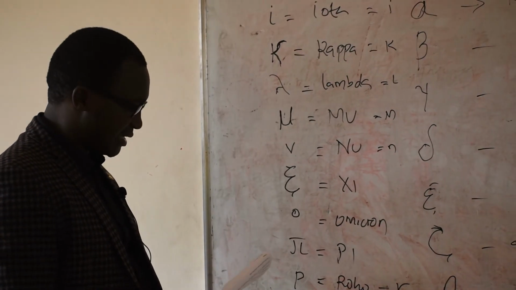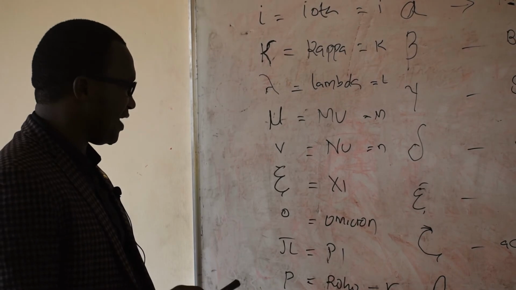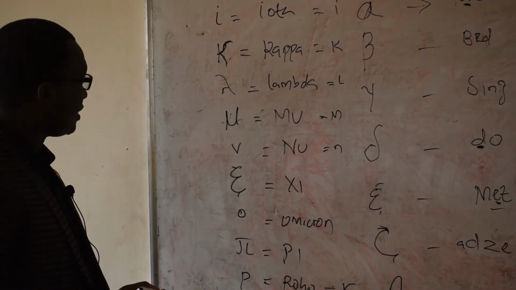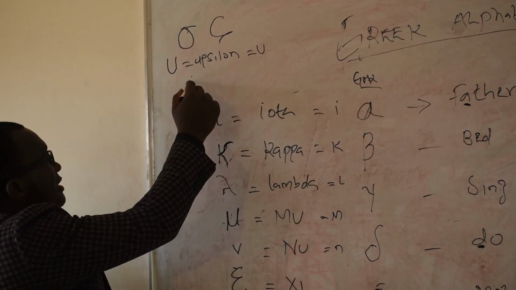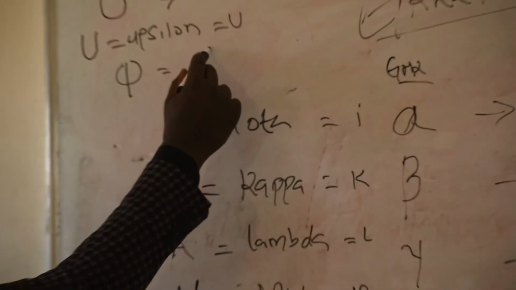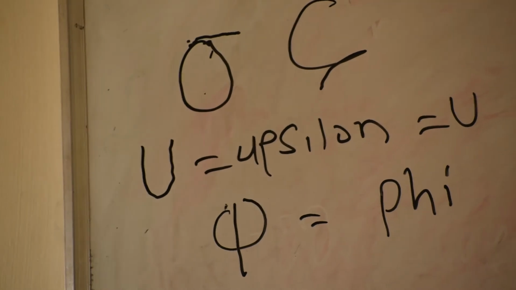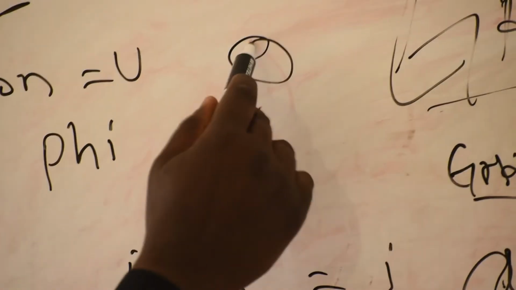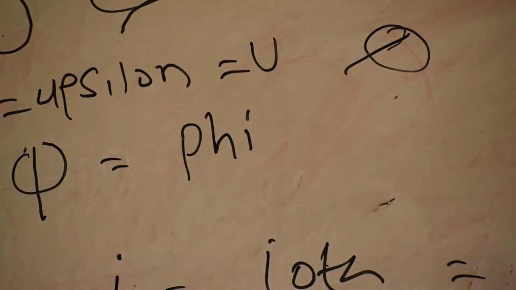Now we have written the letter upsilon. The next letter is the phi. The phi is written like this. It wants to appear like a Q, but it's not a Q, because a Q in English looks like this, but this one goes straight 90 degrees.